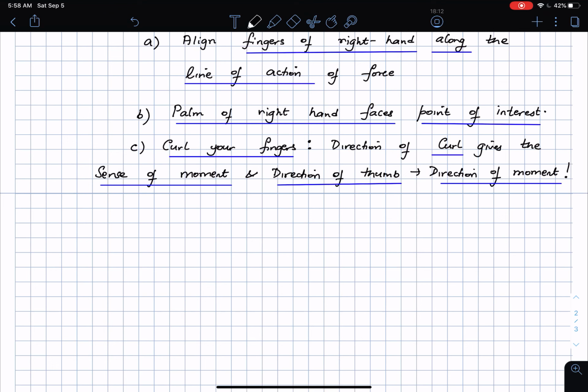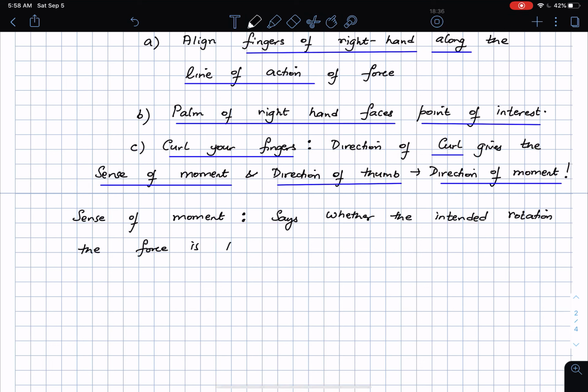So the sense of the moment says whether the intended rotation that the force is trying to cause is clockwise or counterclockwise.